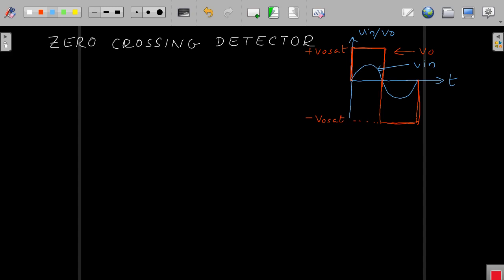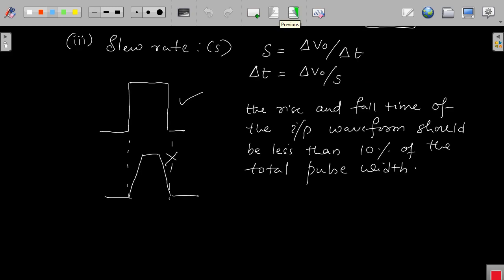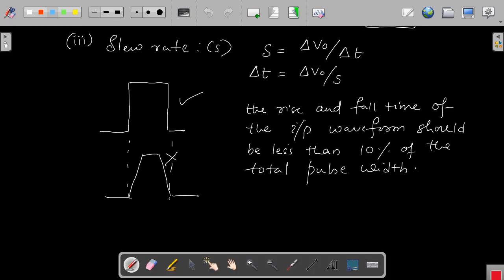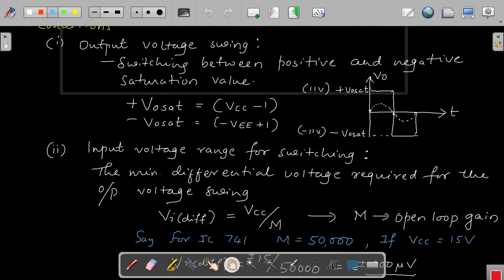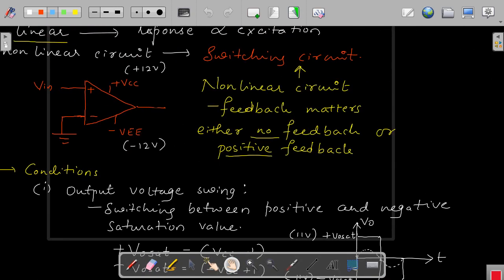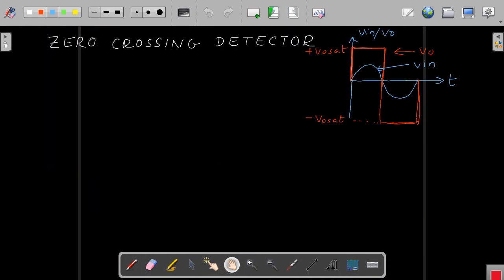Now how do you draw the circuit for this? Can anyone? It is the same circuit which I had drawn previously here in this frame. This itself is your zero crossing detector. We will see how exactly it is so, right? So now here I have one op-amp.